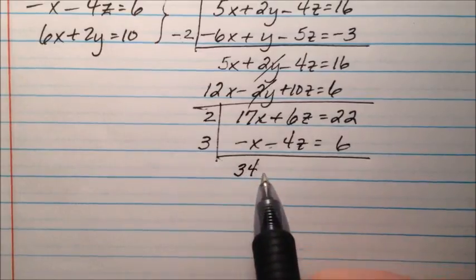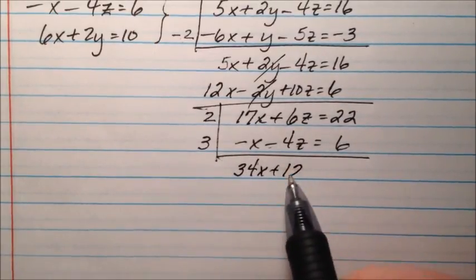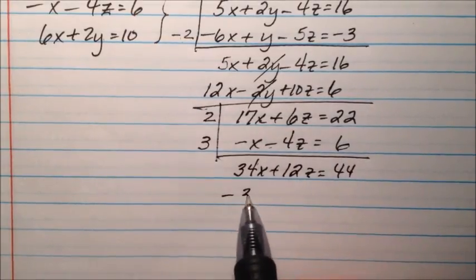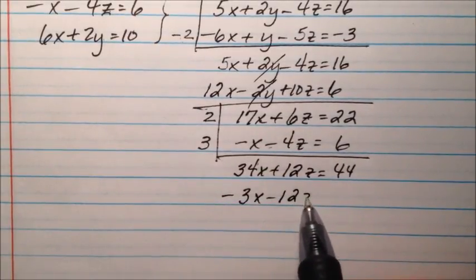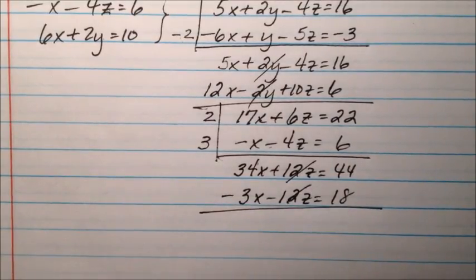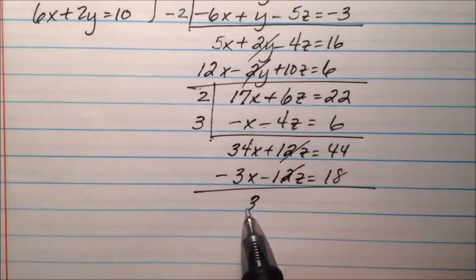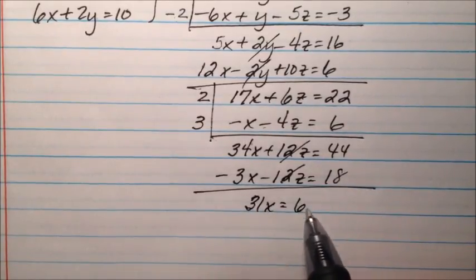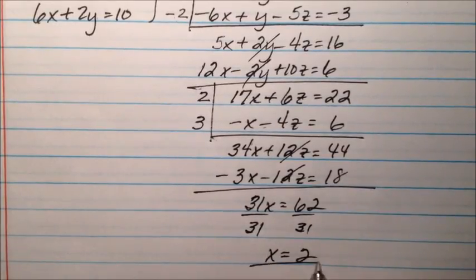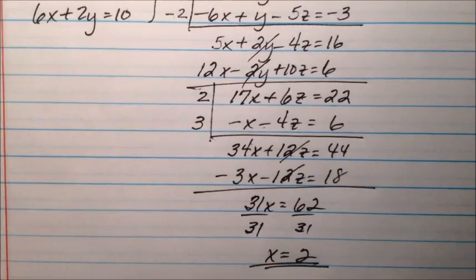So 34x plus 12z equals 44. Negative 3x minus 12z equals 18. Well, my z's will cancel out. I'll have 31x, it looks like, equals 62. So if I were to divide both sides by 31, I'll get x equals 2.